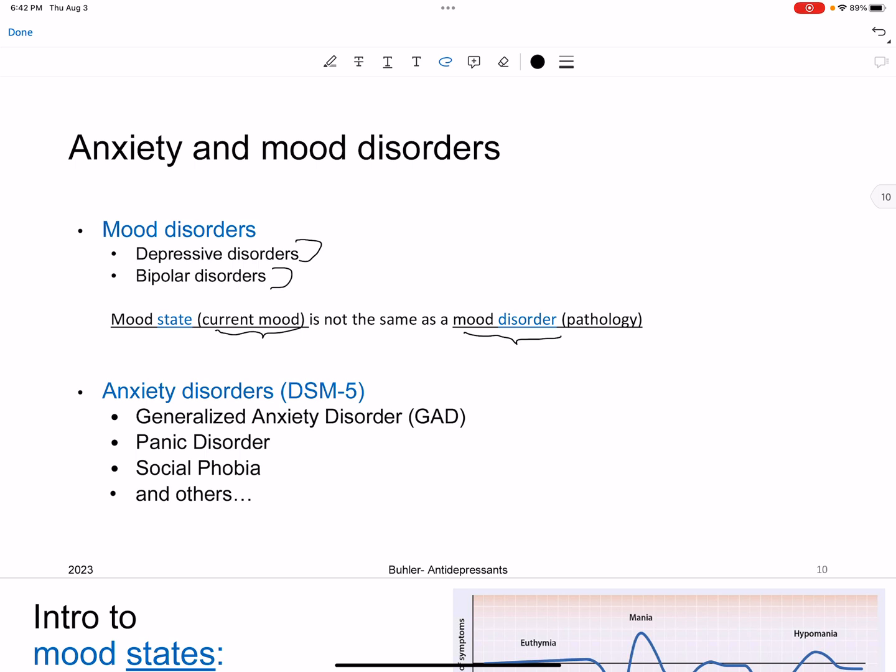There are a lot of different subtypes of anxiety disorder. Generalized anxiety disorder is actually fairly common. Then there are panic disorder, social phobias, and a lot of other ones that we can talk about when we discuss anxiety disorders in more detail.